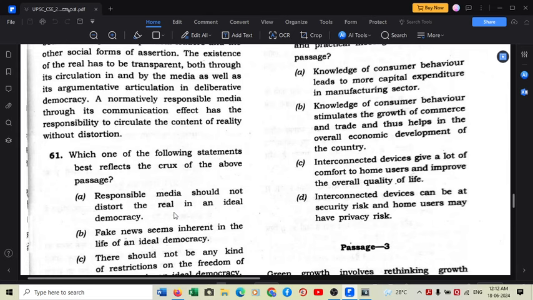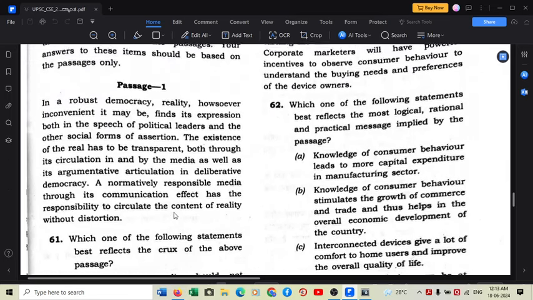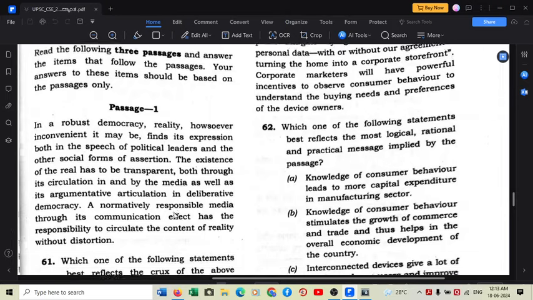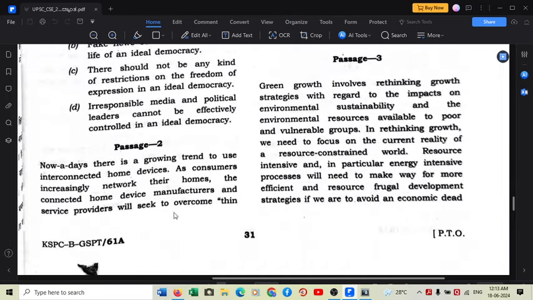Definitely, option A is, again in a general way, a correct statement, but option D is more relevant because it talks about the consumers having more privacy risk, because the only way home device companies can make more profit is by accessing personal data, and this personal data certainly can compromise the privacy of the people, right? So answer is D.